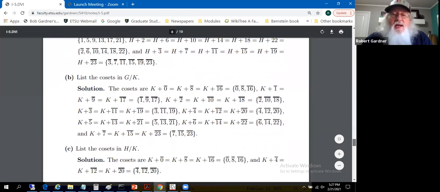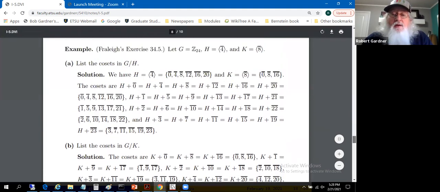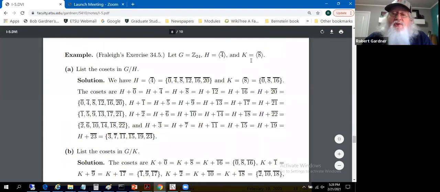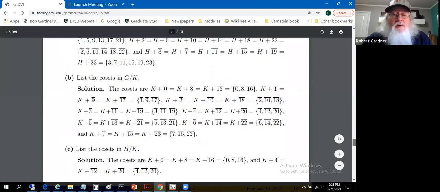Cosets of G and K, G mod K, sorry. G mod K, cosets of K in G. Let's see, K has 3 elements, so there'll be 8 cosets of these. And let's not get into the arithmetic. Here's 4 of them. Here's 4 more.